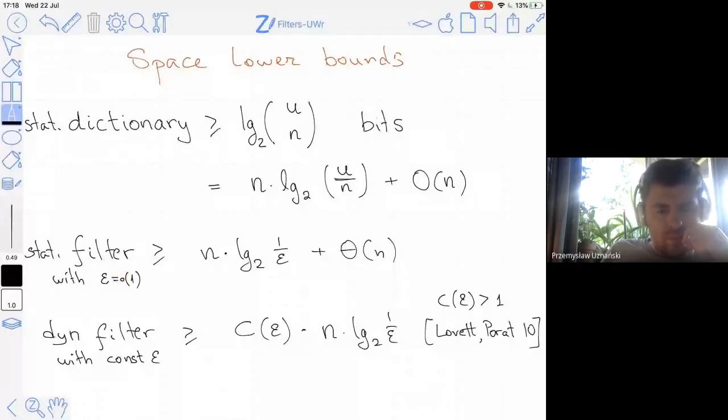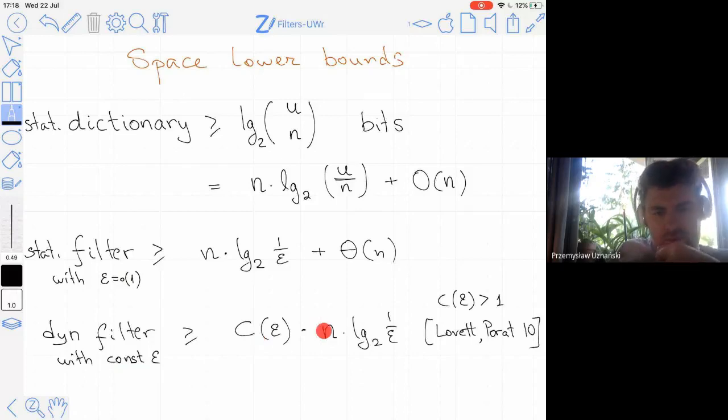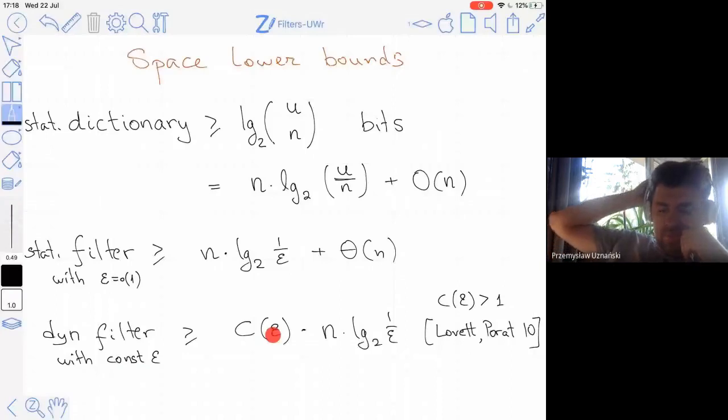If epsilon is constant, then there is a lower bound by Lovett and Porat that states that in a dynamic filter, with a constant epsilon, you cannot do better than C epsilon times n times log of 1 over epsilon, where C is some constant that depends on epsilon that is greater than 1.